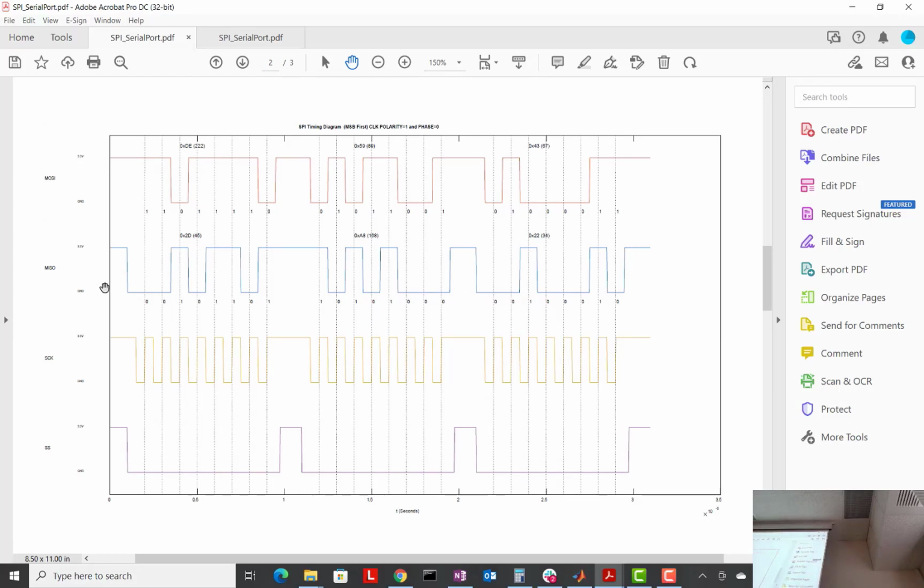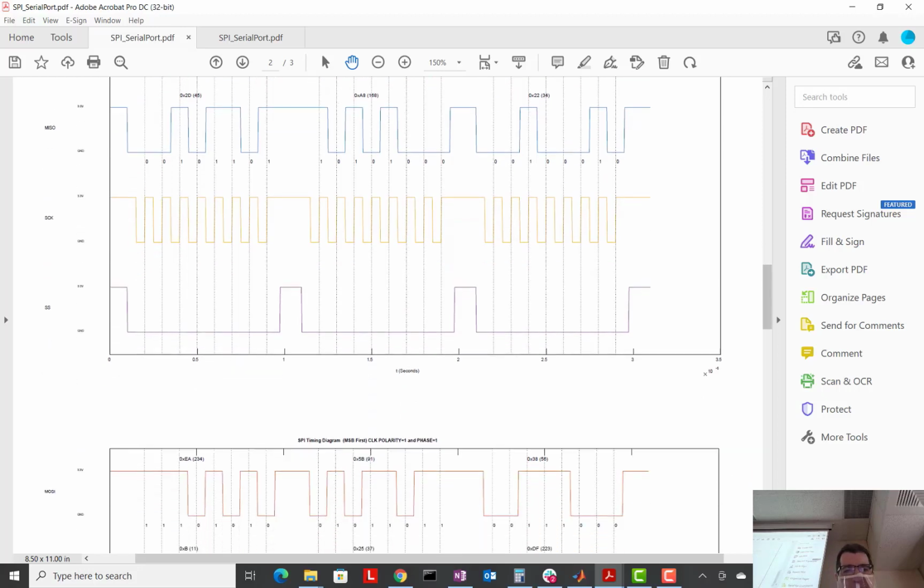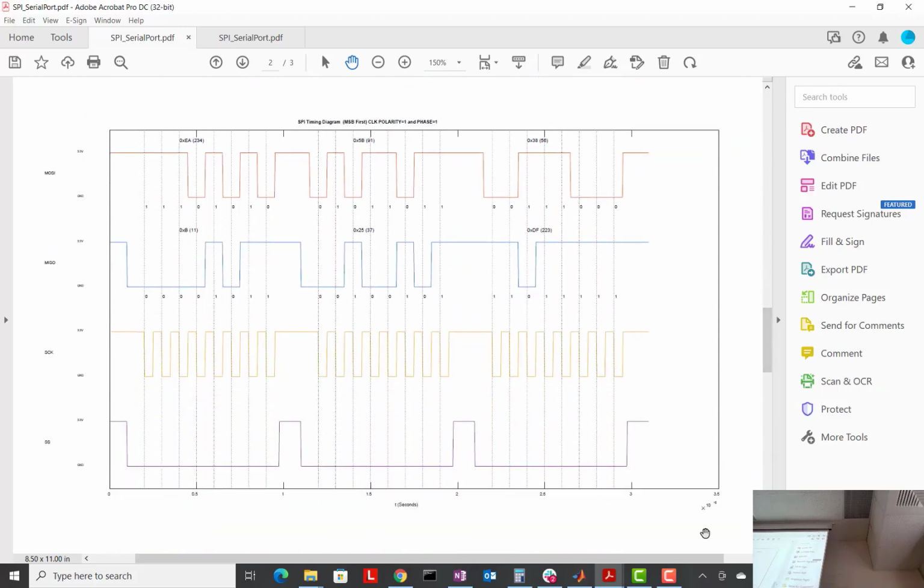Mode 2 is where the clock is normally high and you read and write data on the rising edge. And then you can figure out what it would be for mode 4. Mode 4 would be clock starts high and we read and write data on the low going edge. Kind of get that?